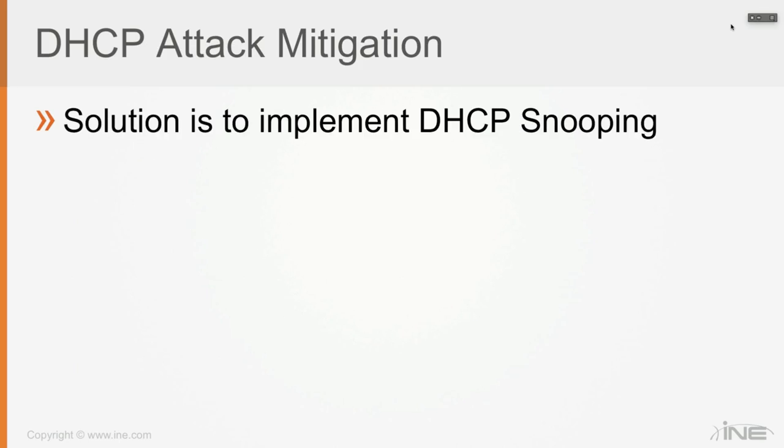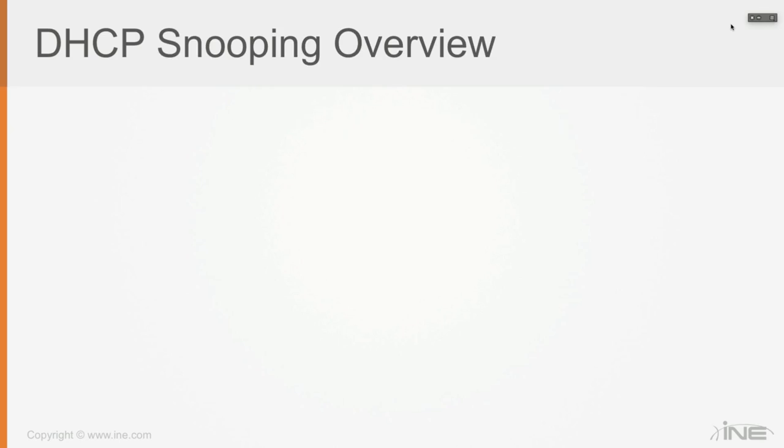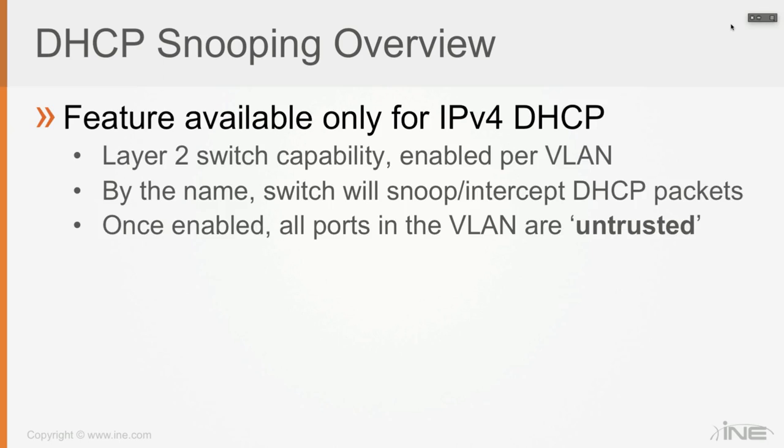So the solution is to implement DHCP snooping. Now, this capability is only available for IPv4 DHCP. For v6, we have DHCP guard. It's a different feature. It's a layer 2 switch capability enabled per VLAN.